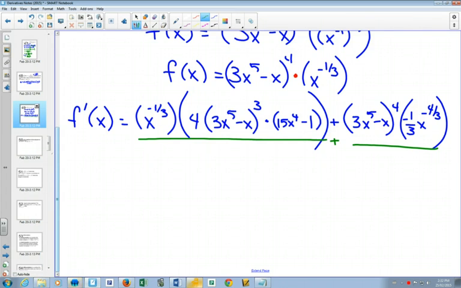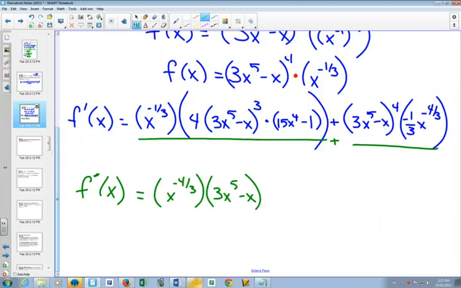Most likely, if this was a show that question, f prime of x, they'd probably get you to factor out the x to the negative 4/3 and factor out a 3x to the 5 minus x to the power 3. Then imagine what would be left if I did that.